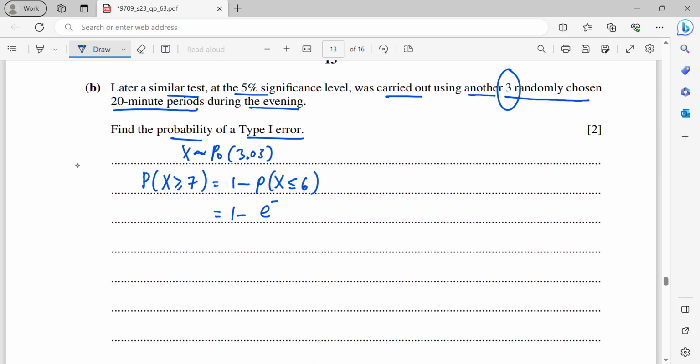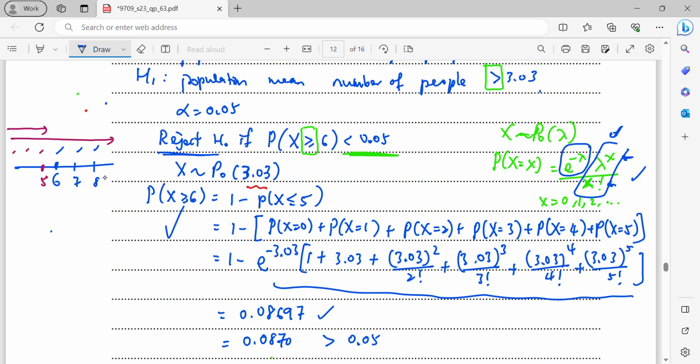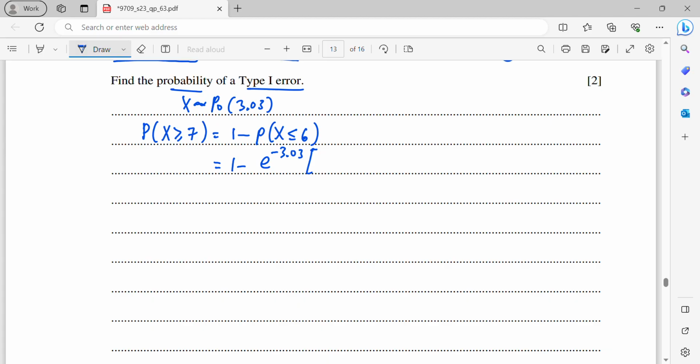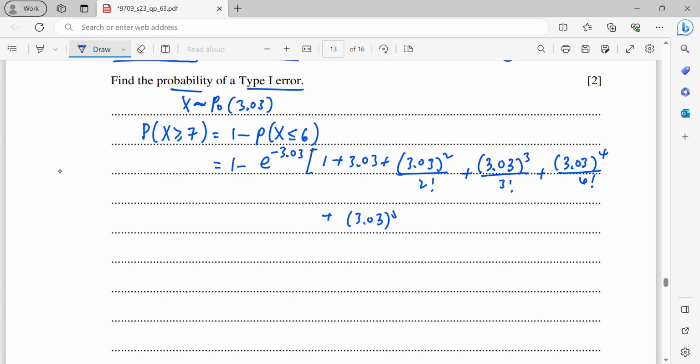So here will be e to the negative 3.03, then rewrite everything from the previous, up to here. Then I add on when x equals 6. So here will be 1 plus 3.03 plus 3.03 squared over 2 factorial, 3.03 cubed over 3 factorial, plus 3.03 to the power 4 over 4 factorial, plus 3.03 to the power 5 over 5 factorial, then add one more.